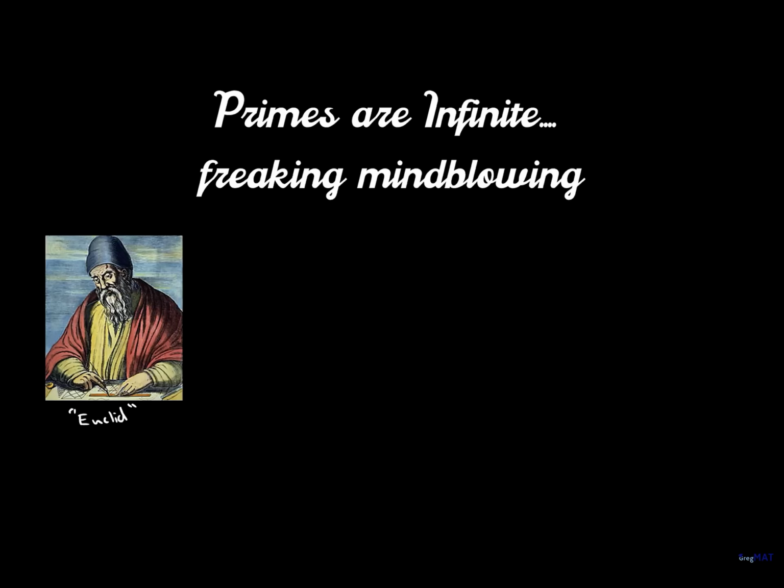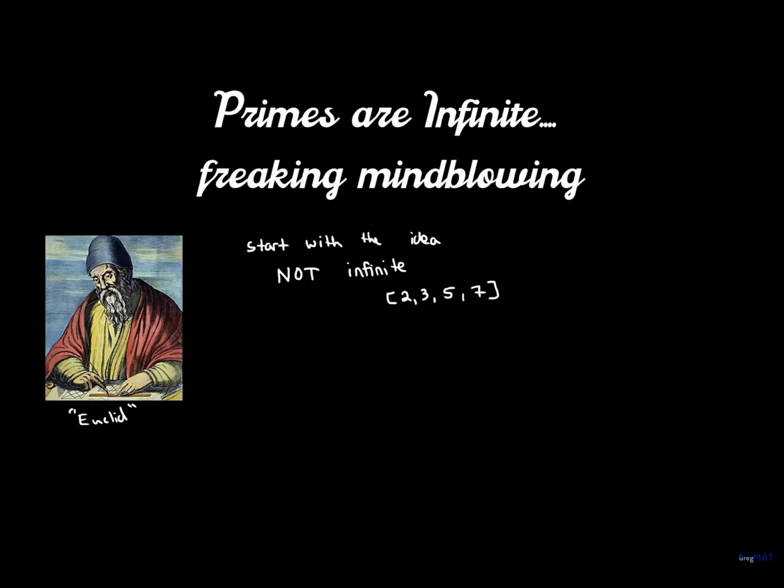So I want us to start with the idea that the primes are not infinite. And let's imagine that the only primes we have are 2, 3, 5, and 7.